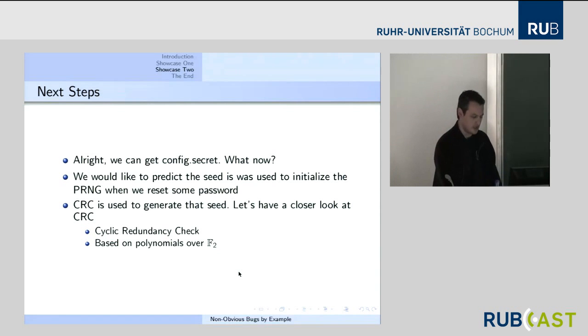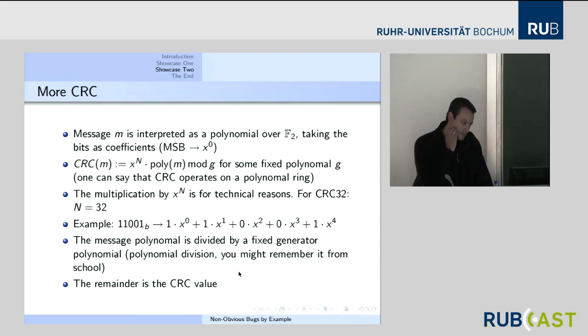So CRC is short for cyclic redundancy check, and that's based on polynomials over F2, over the finite field F2. I guess most of you should know it, right? So the real short CRC primer: you have a message m, and you interpret this message as a polynomial over F2 by just taking the bits as coefficients.